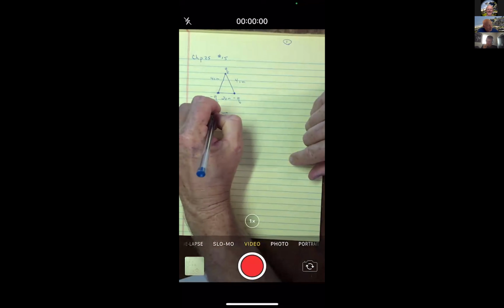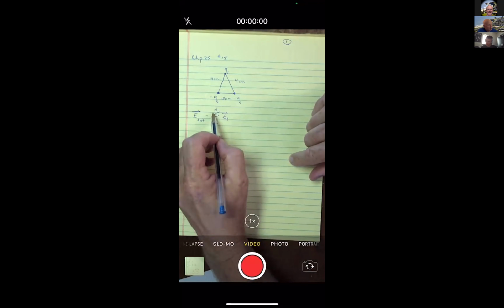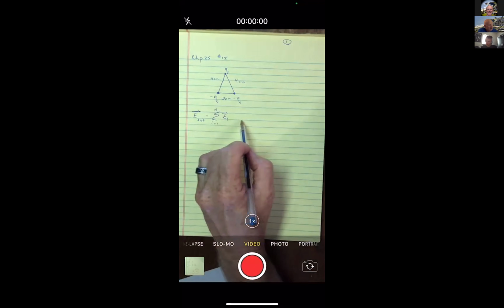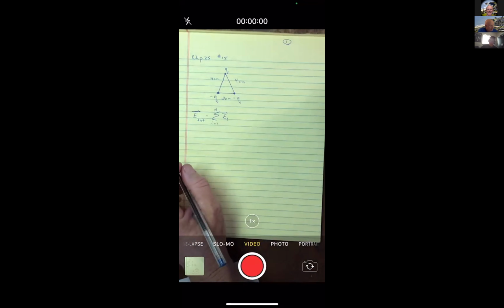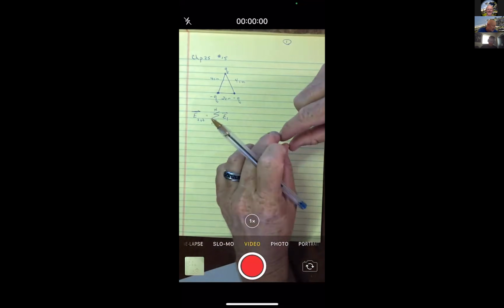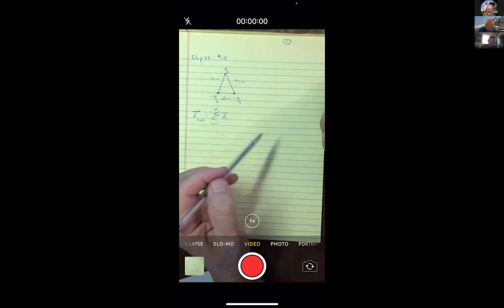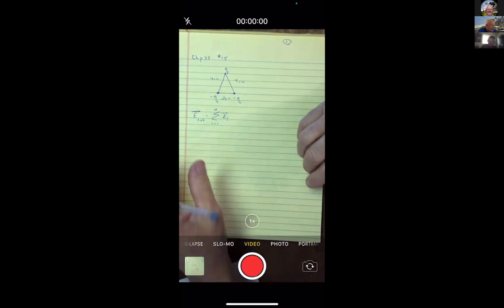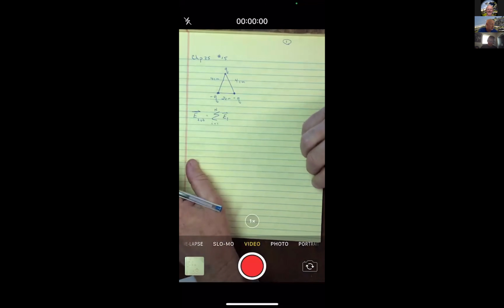And so if there's n of them, we would take a sum from 1 to n of each of the electric fields. And of course, if it's like a continuous object, we have to kind of imagine breaking it into an infinite number of pieces. And so the sum becomes an integration.